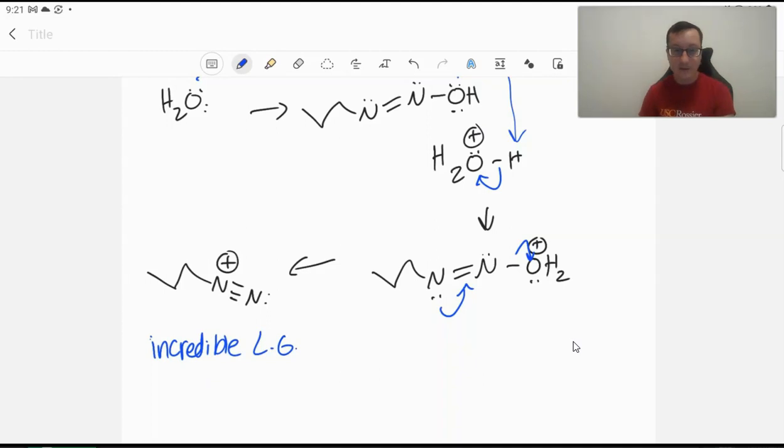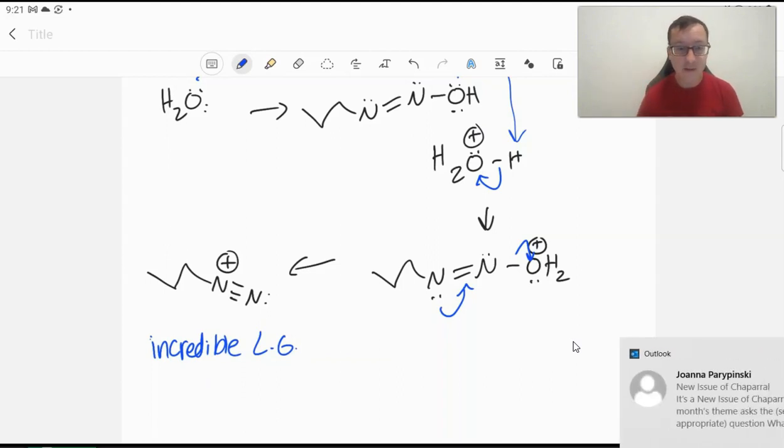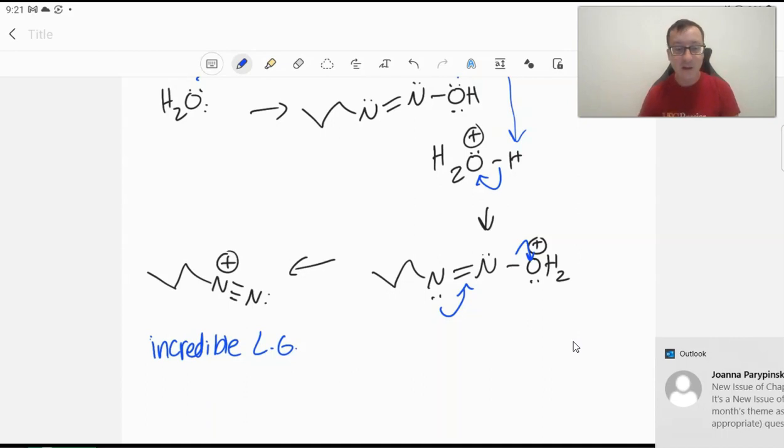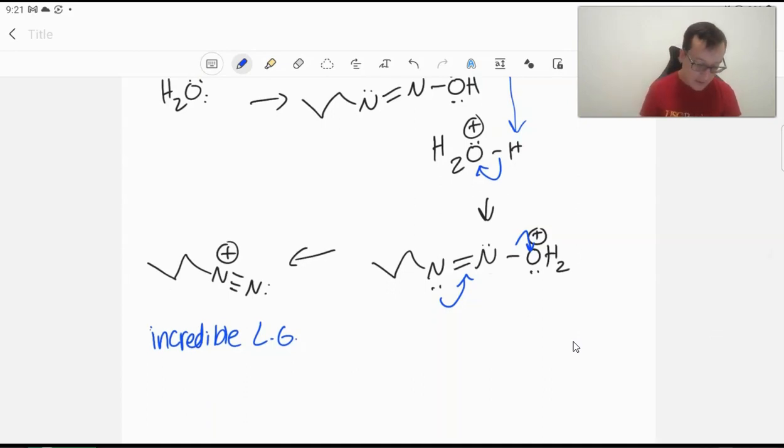So much so because it produces nitrogen gas when it leaves. And as we know, when we have gaseous products, they just float away. Le Chatelier's principle pushes the reaction to the right, and so you just keep losing them.